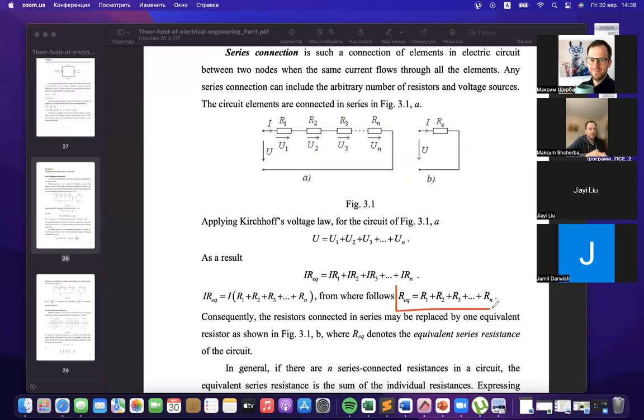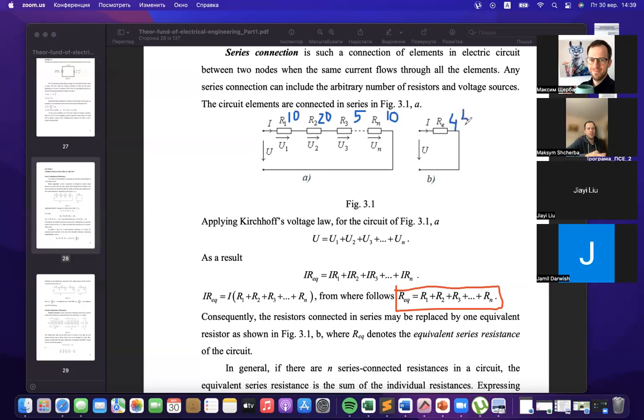Then the total resistivity will be the sum of all resistivities in the circle, and we could replace 4 elements as one total element. For example, if we take resistivities 10 ohm, 20 ohm, 5 ohm, and also 10 ohm for resistors, we could just add them: 30, 35, 45.